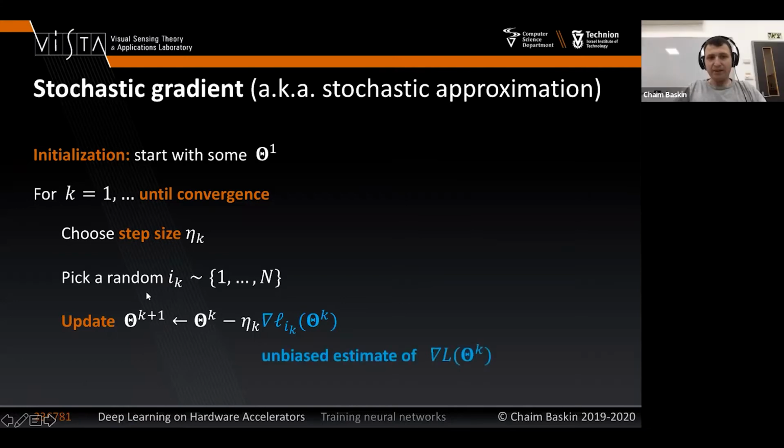So we update theta k+1: the next iteration will be the existing value minus the step size multiplied by an unbiased gradient of our loss at iteration k.